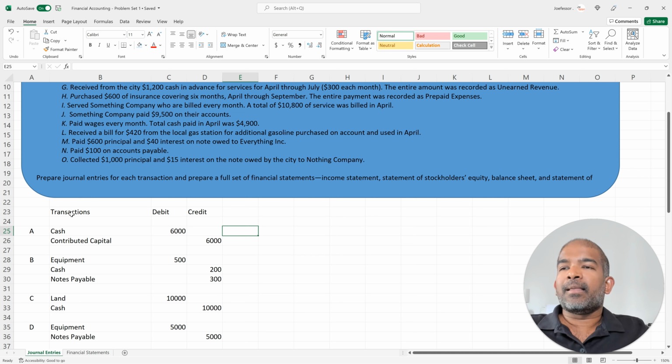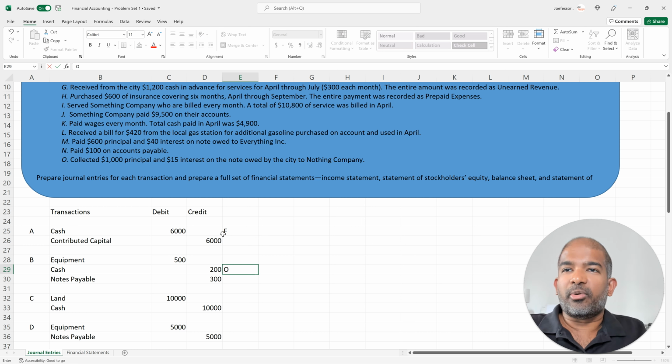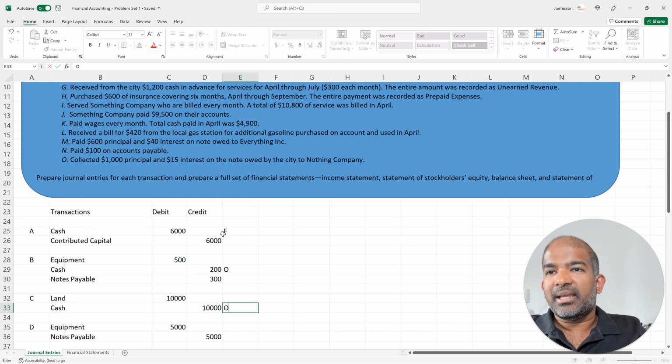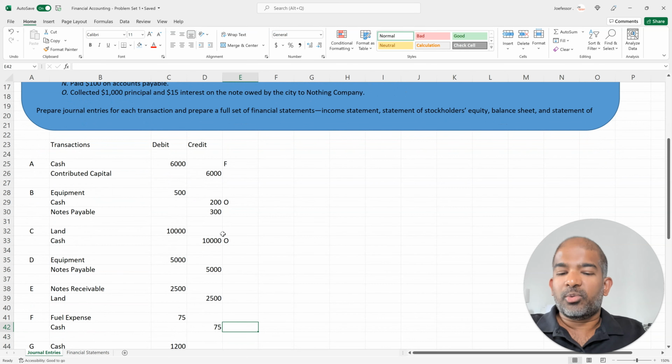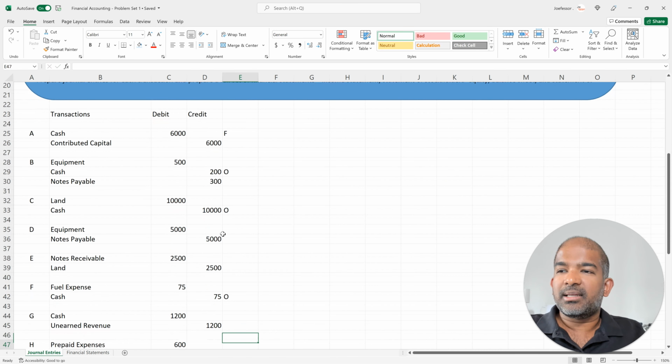Okay, for transaction A, contributed capital, because the cash was provided by our investors, it's a cash flow from financing activity. When we buy equipment, that's a cash outflow for an operating activity. Land, again we pay, it's an operating activity. For fuel, again it's an operating activity.